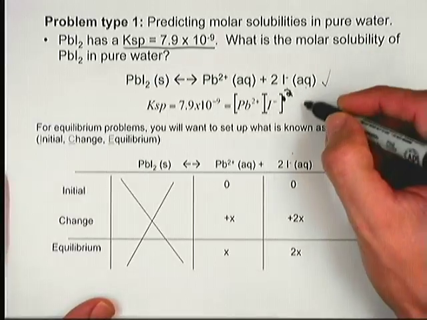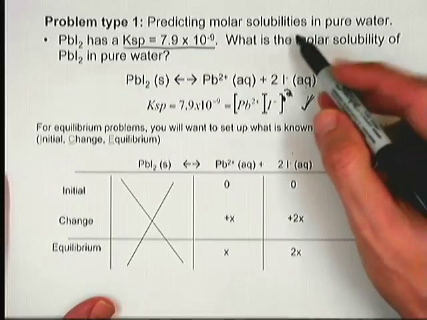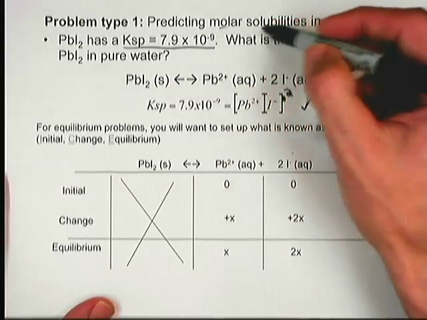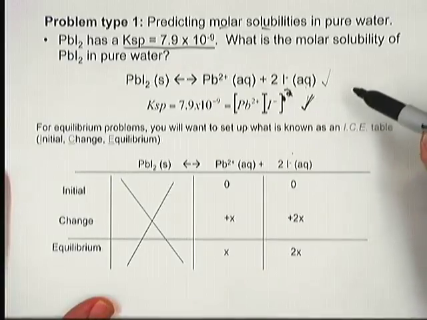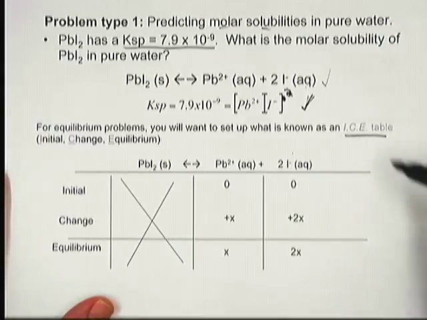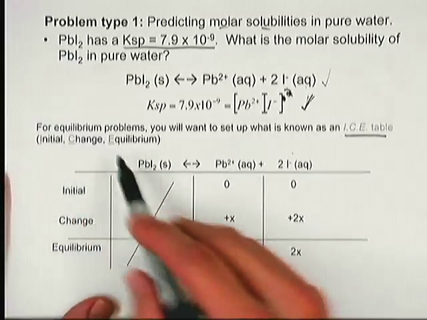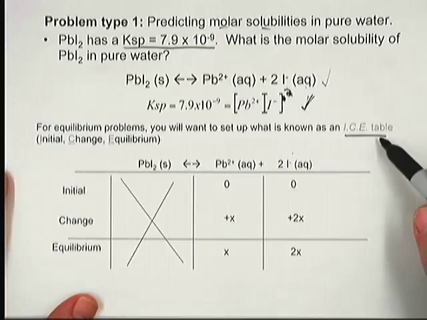Now we've made some progress here, but we haven't really gotten a whole lot closer to answering the question, that is, predicting the molar solubility of the salt in pure water. We can do this by drawing what's called an ICE table. ICE stands for Initial, Change, Equilibrium. We're going to use ICE tables a lot in your class because they provide a systematic approach to problem solving.